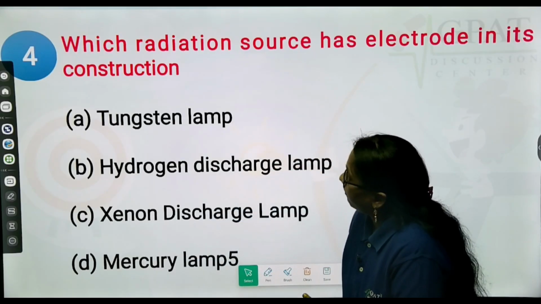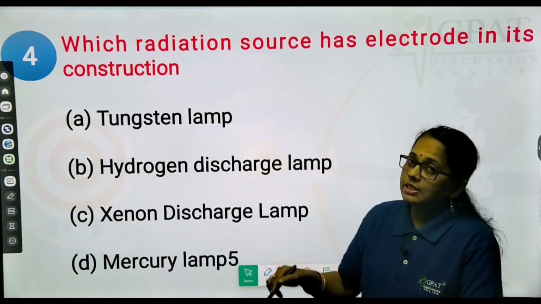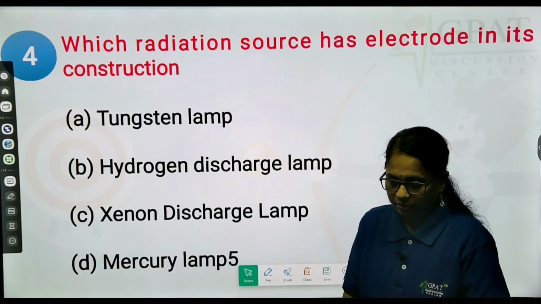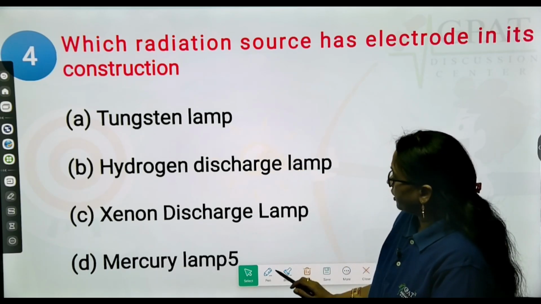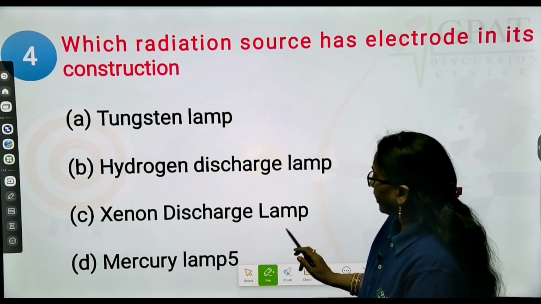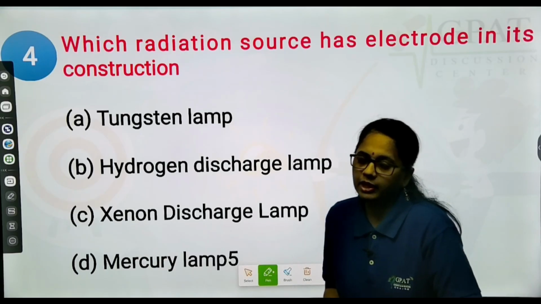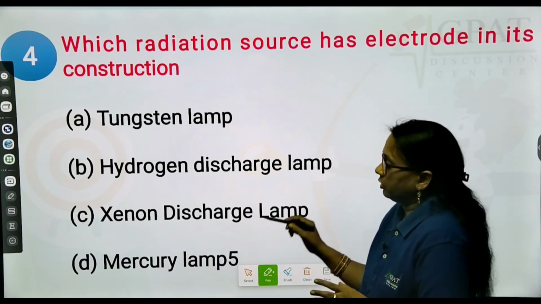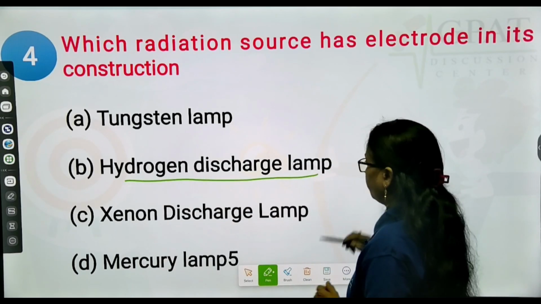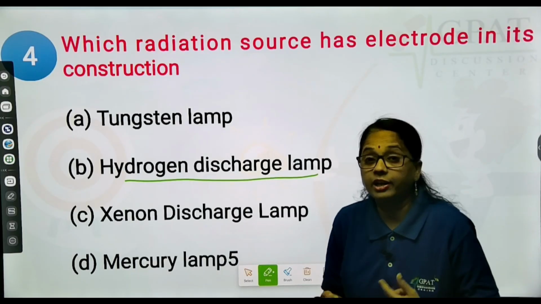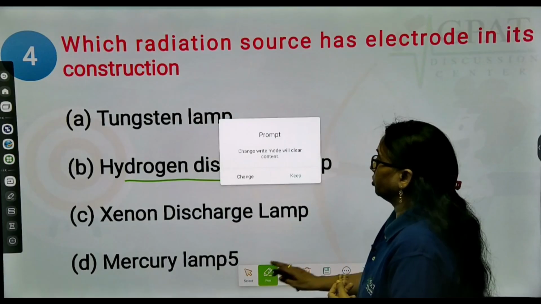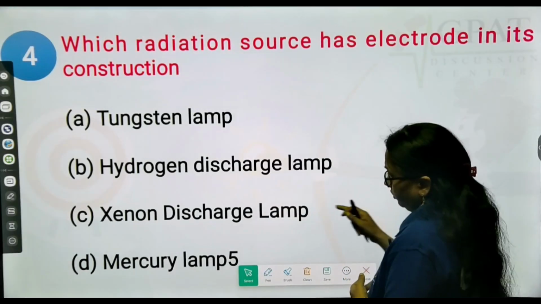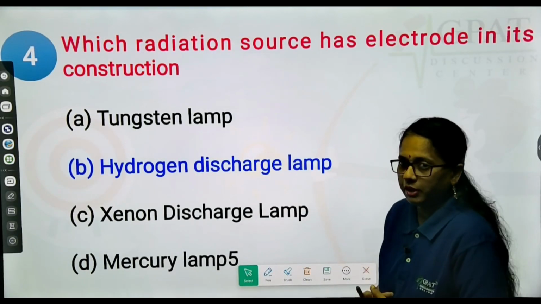So here they have asked which source has an electrode present. Tungsten lamp, hydrogen lamp, xenon lamp or mercury lamp? In the given options, the hydrogen discharge lamp has a hydrogen electrode. So the correct option is B, hydrogen lamp.